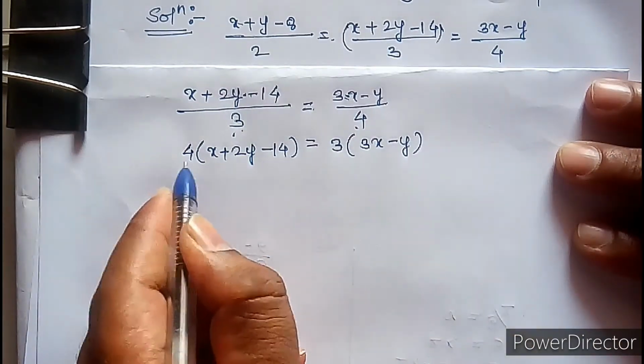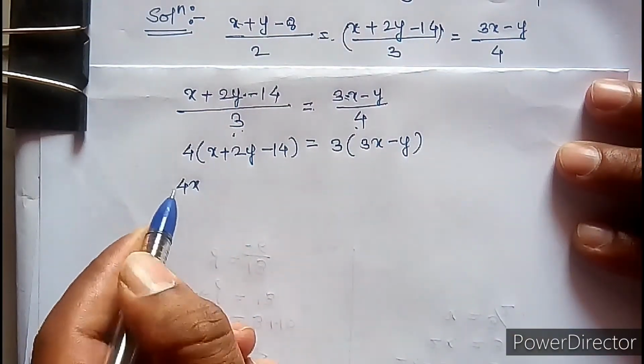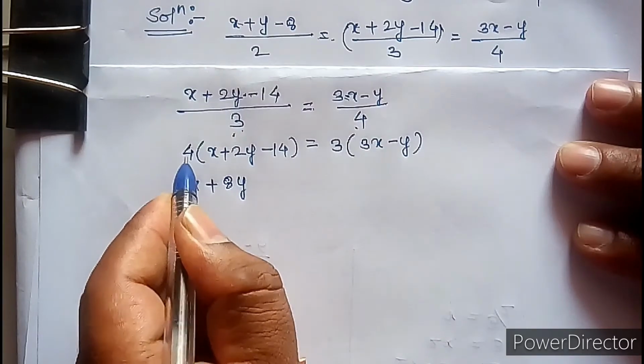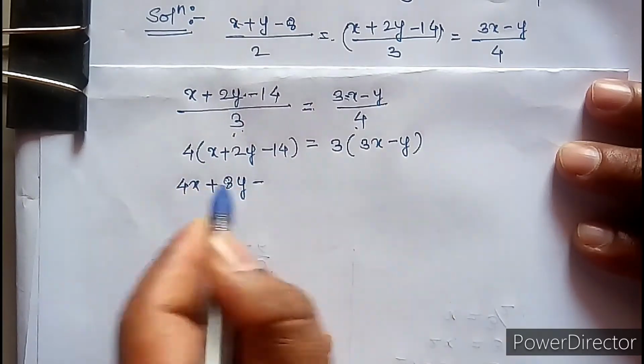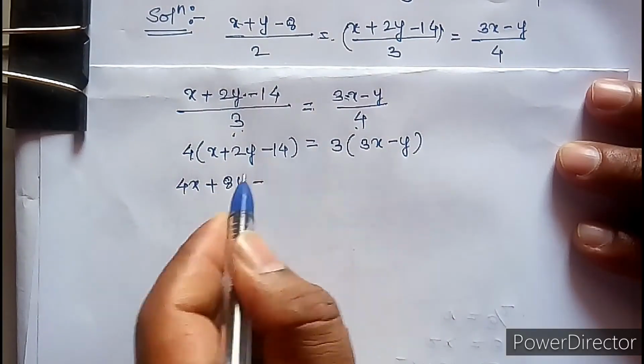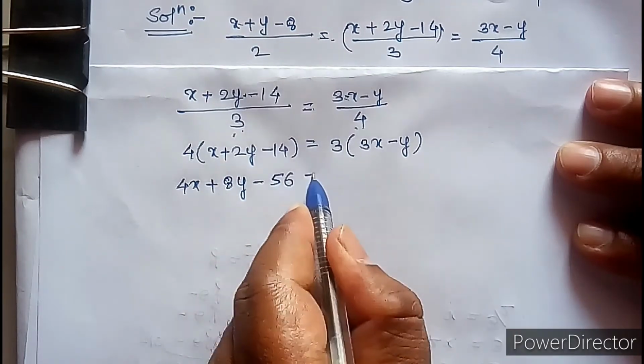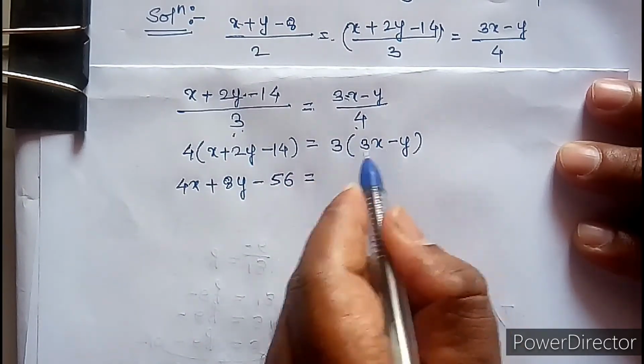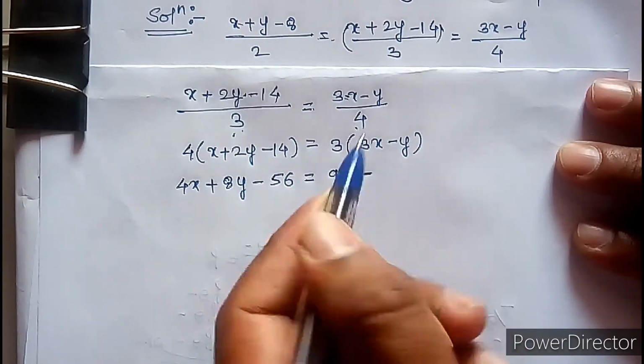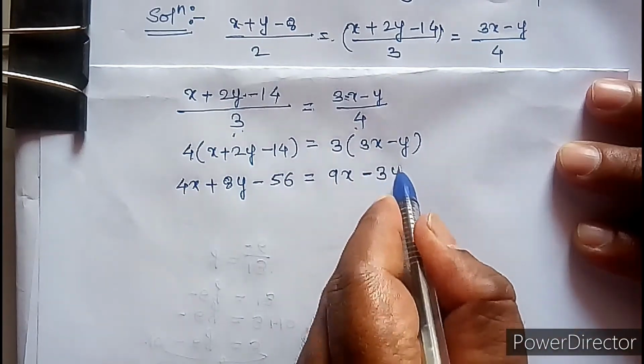Now multiply 4 into x, 4x plus 8y. Now here minus 4 into 14, that will be 56 equals to 3 into 3x, that will be 9x minus as it is 3 into y, that is 3y.